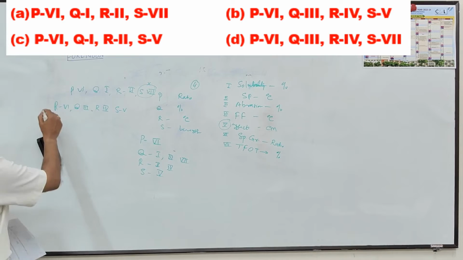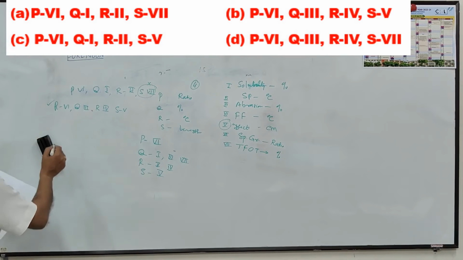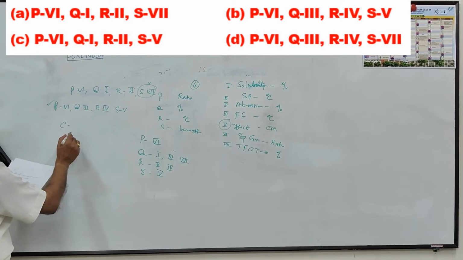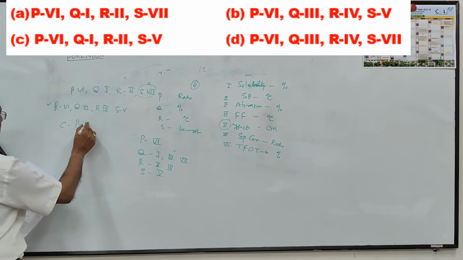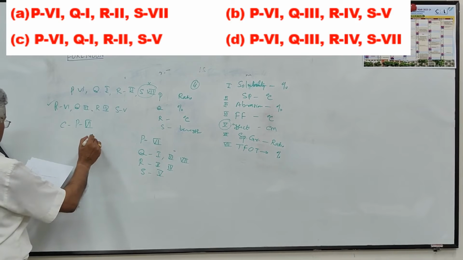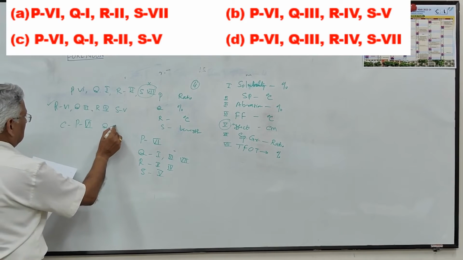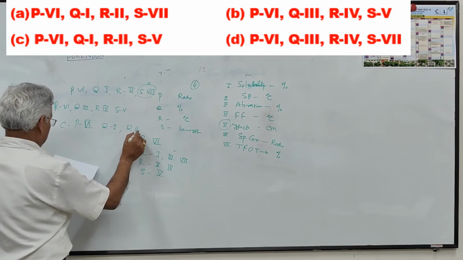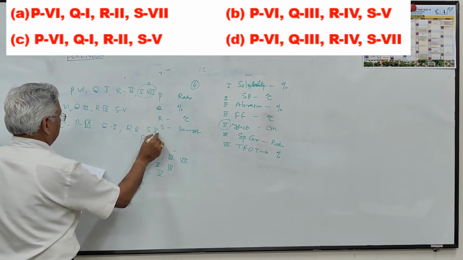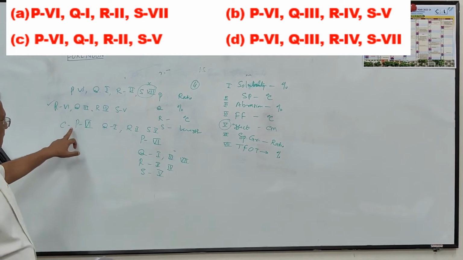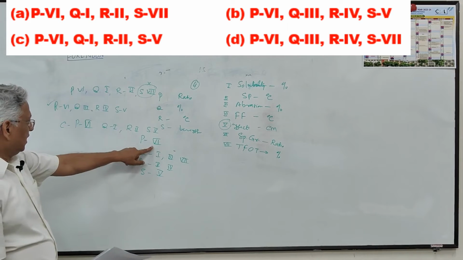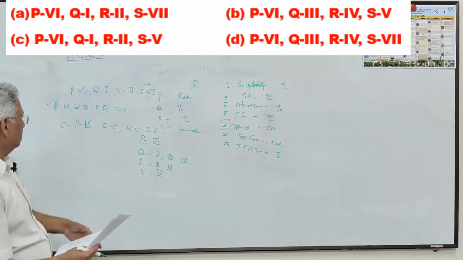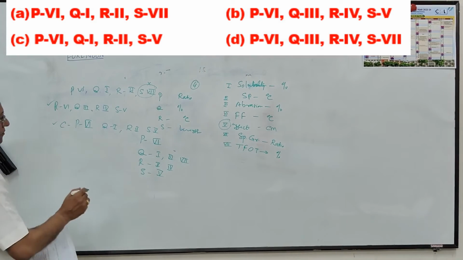So this is the correct answer, B. Then C is P6, Q1, R2 and S5. See here, P is 6, correct, Q is 1, correct, R2 is correct and S5 is also correct. So C is also a correct option.